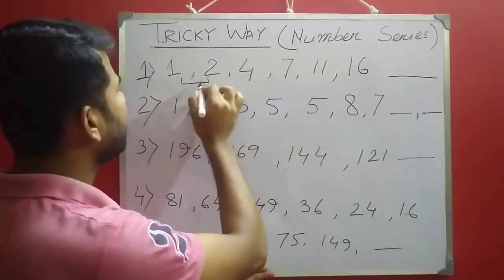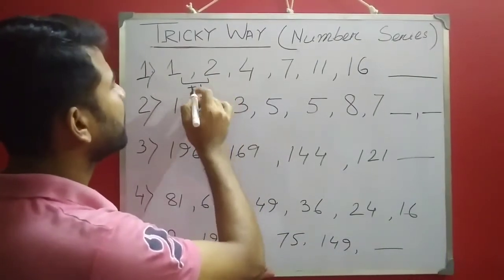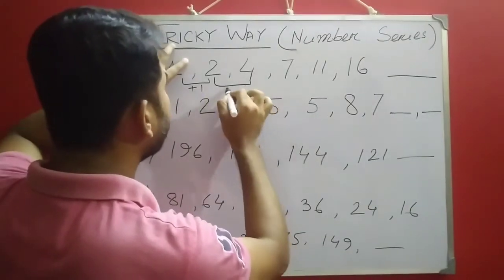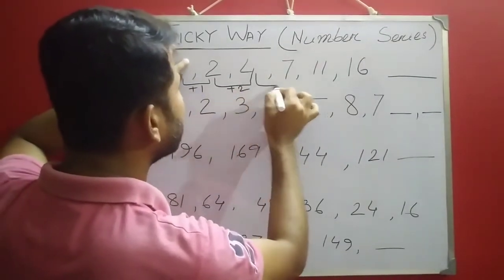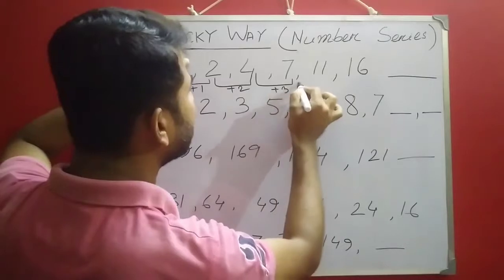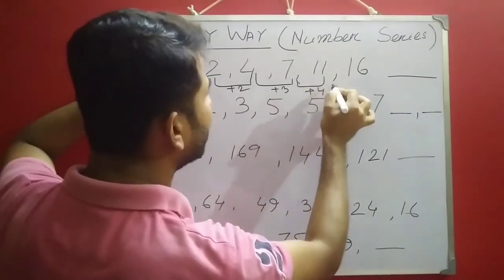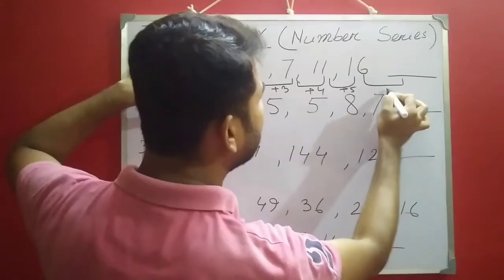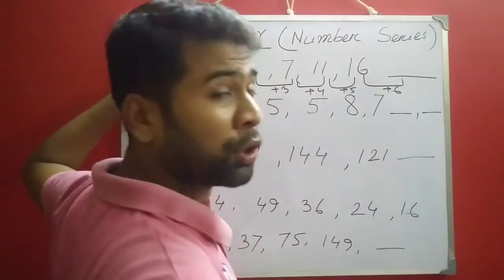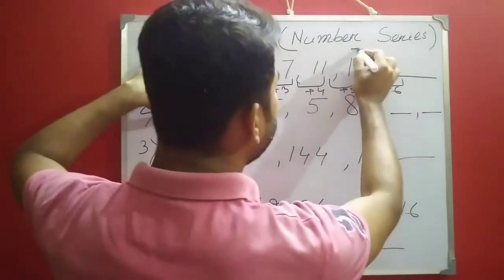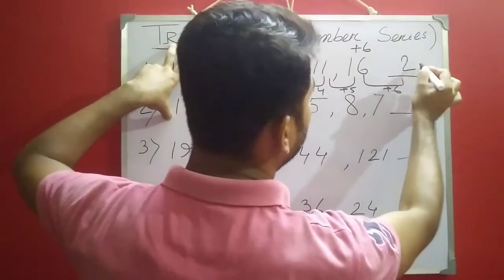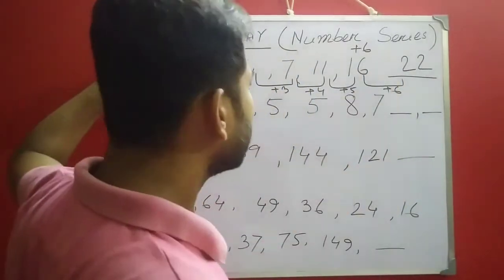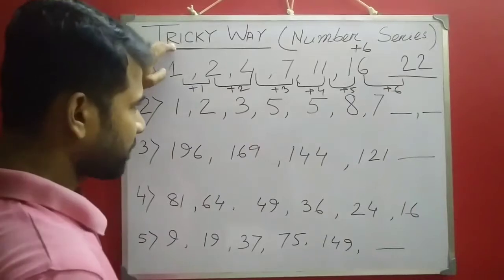If we add plus 1, then plus 2, plus 3, plus 4, plus 5, the next value appears. So it will be plus 6. 16 plus 6 equals 22. 22 will be the value for this blank.